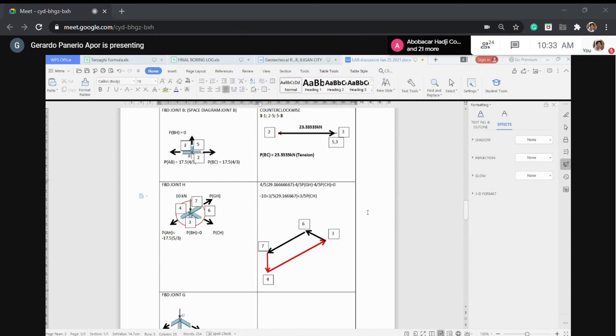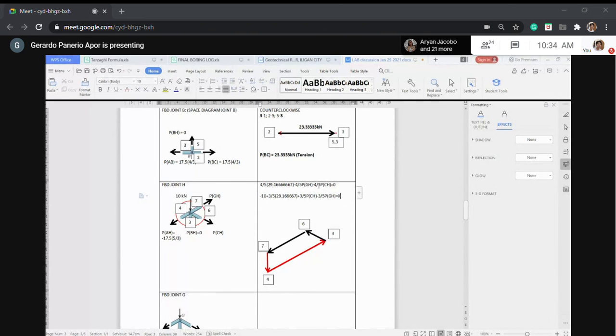Then you have minus 3 fifth, the sine of theta, 3 fifth of 6 to 7, 6 to 7 is PGH. PGH is equal to 0. So that's the equation.